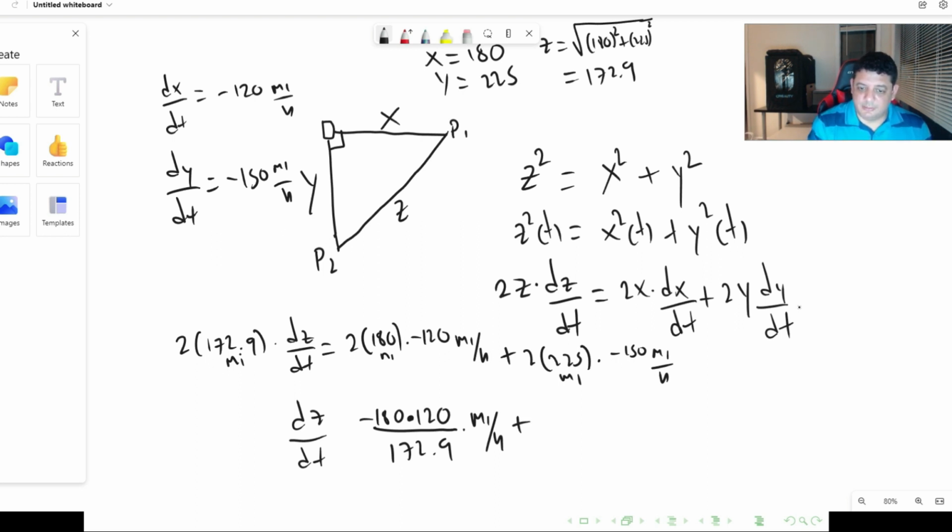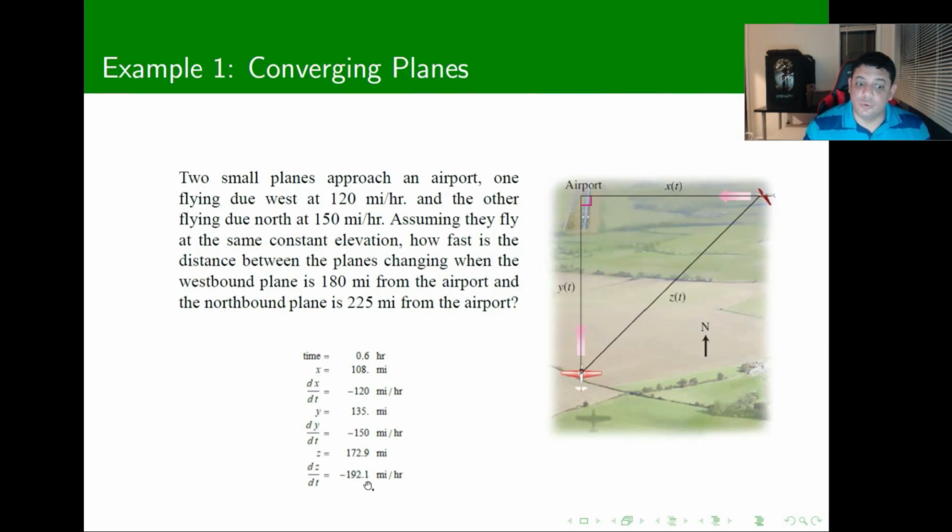Plus, we get 225 times minus 150 miles per hour divided by 172.9. And so now this is the final value, and we're going to get that this is actually minus 192.1 miles per hour. Okay?